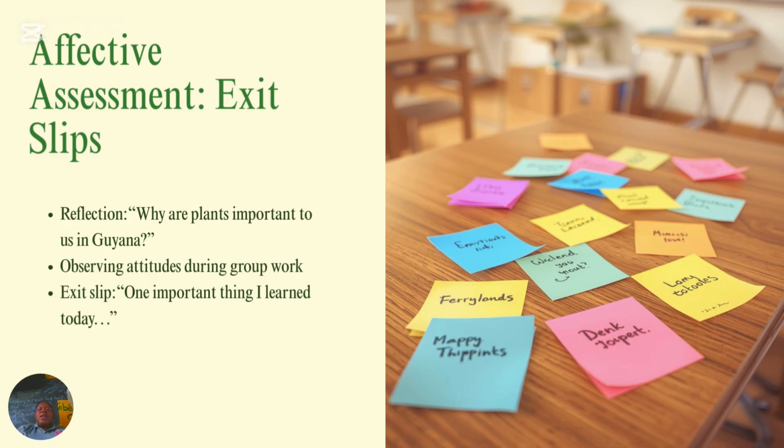These methods allow us to see whether the students not only understand the science but also value plants and their environment. I now pass you to my group member, Miss Headley Smith.